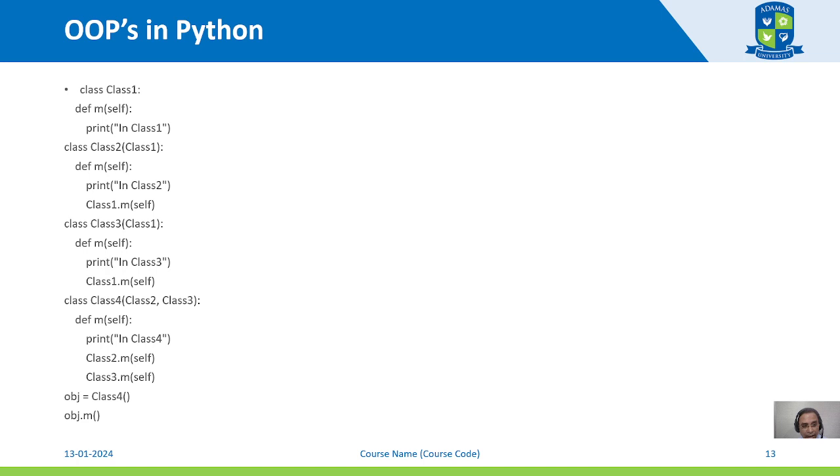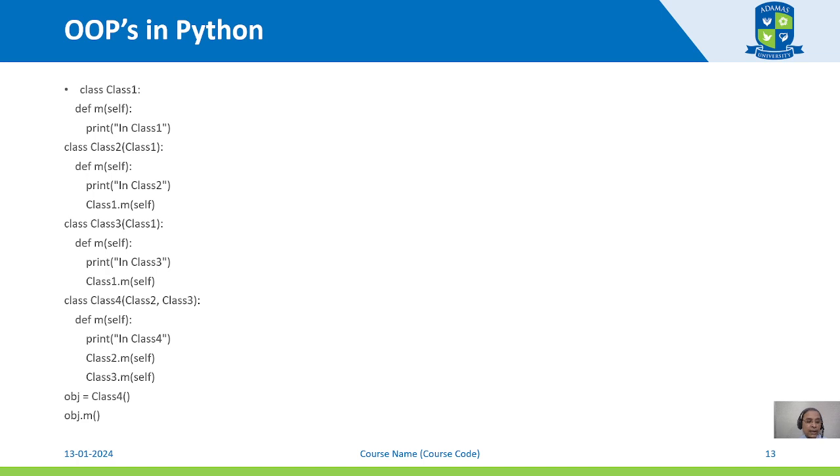Okay, so class 4 is derived from class 2 and class 3, and sequentially it is written class 2 comma class 3. So it will call the method of class 2. Then class 2 is again derived from class 1, so it will call the method of class 1. Then again the class 3 method is written. Class 3 method will be called by class 3.m, and again class 3 is derived from class 1, so again the class 1 method will be called.